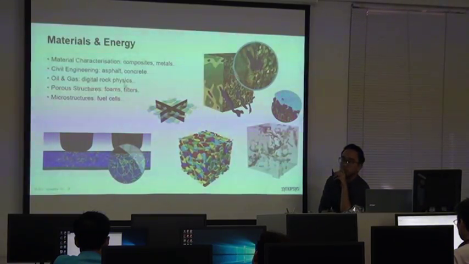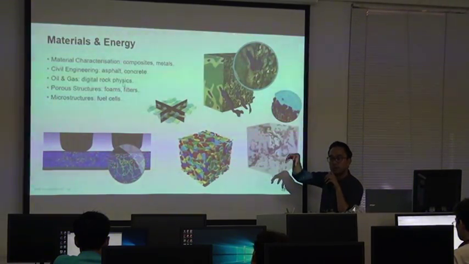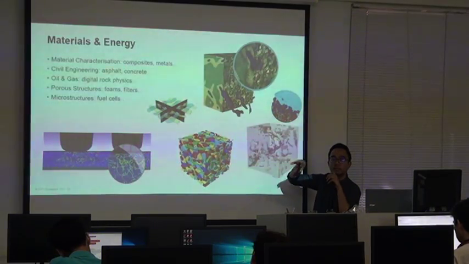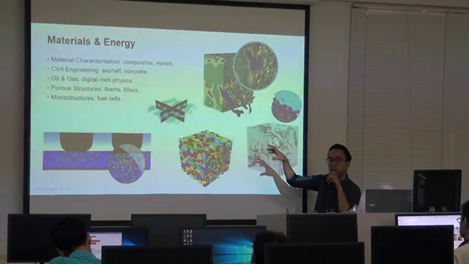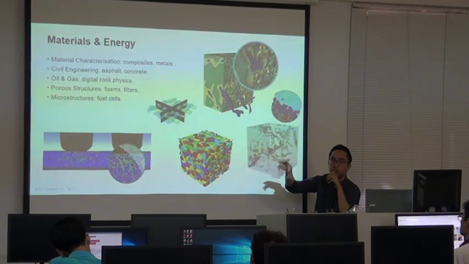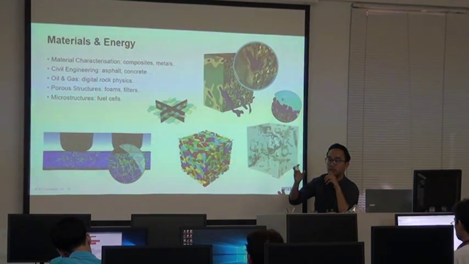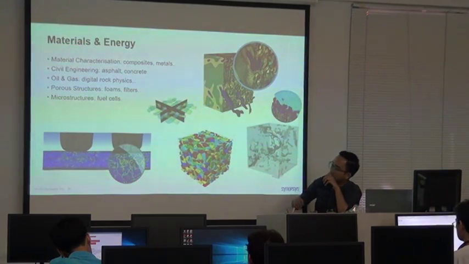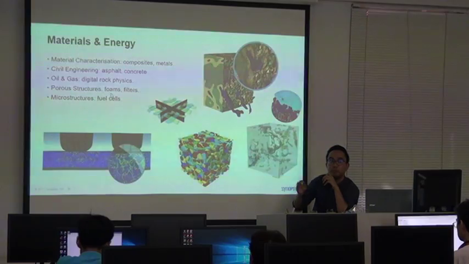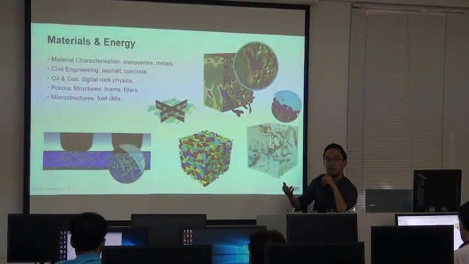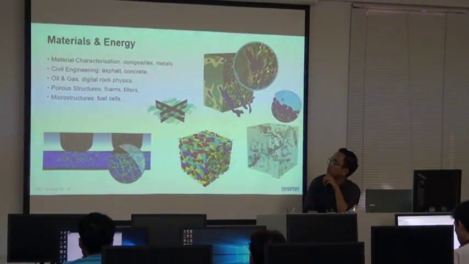For this one, for example, we take a sample of rock, and then we scan, and then the images we import into Simpleware to generate the 3D model. From there we can quantify the amount of mineral in the rock. Okay, so that's one of the examples. And then it can be used as well for porous structures to study the permeability of your material, for example. And then it can also be used for microstructures like fuel cells that we have here.